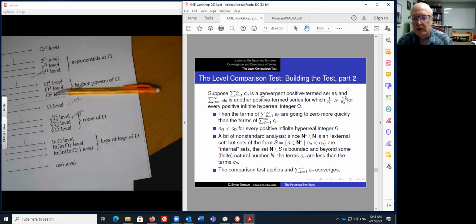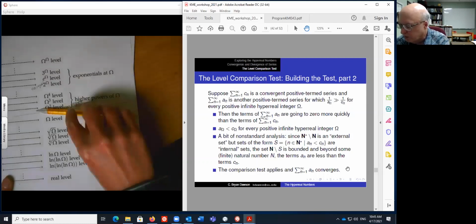Now, there is a little bit of non-standard analysis that's needed in order to prove that. It has to do with internal and external sets, but we can skip those details. But it turns out that the comparison test would apply and this series would converge.